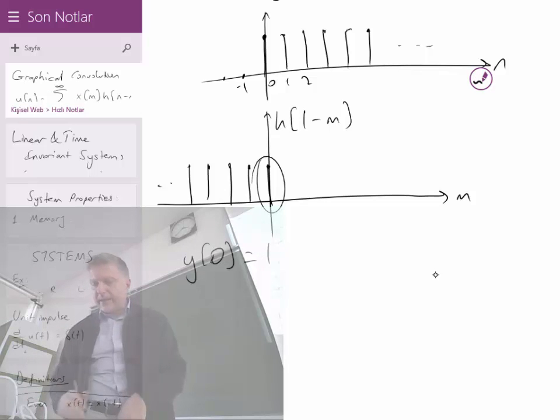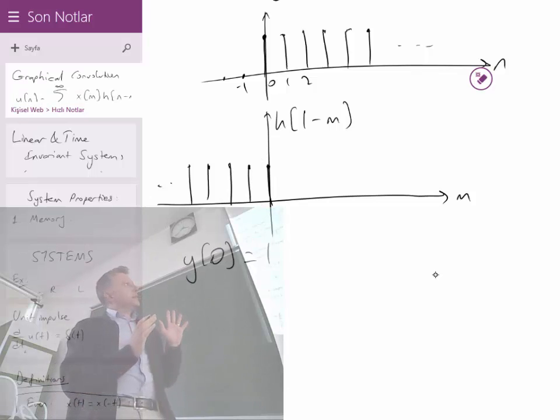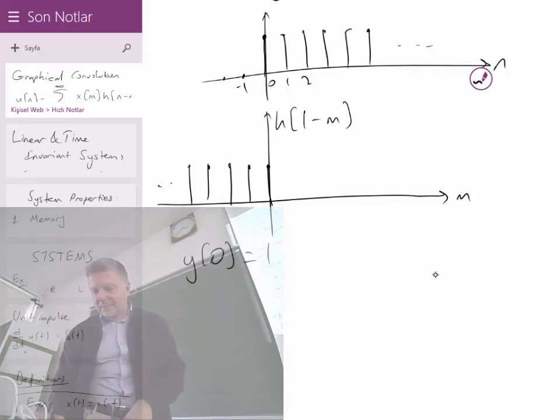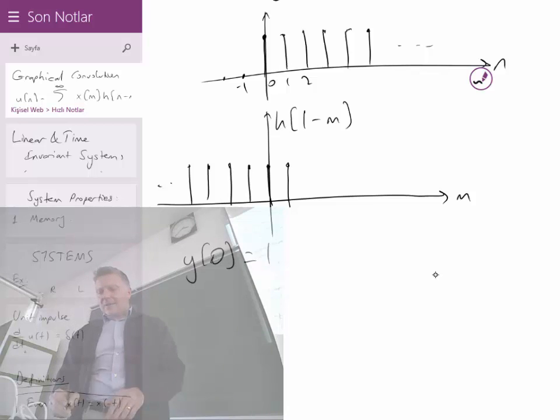Now let's take a look at h of 1 minus m. What's that? It's shifted towards right. Here, an extra term enters. Okay? I shifted it to the right. So it will give me y of 1.